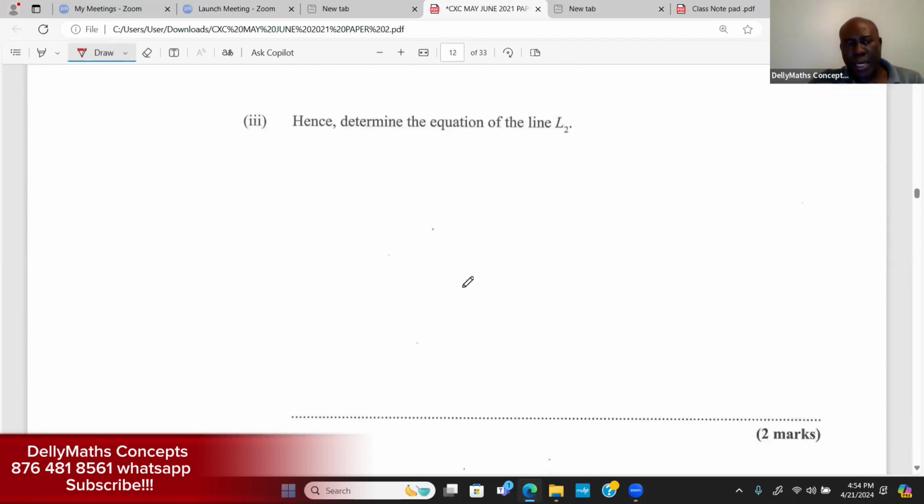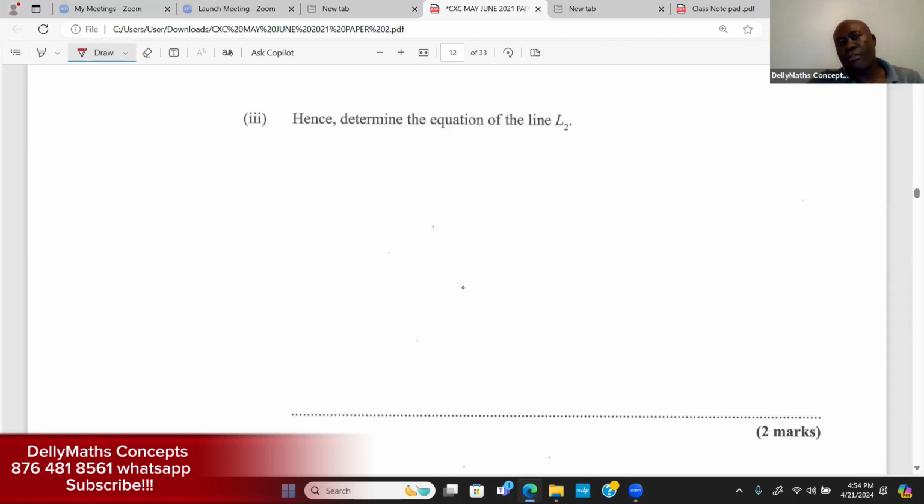Let's look at the third question. Hence, determine the equation of line 2. Hence means that we have to use the information we got. Whenever you're dealing with the equation of a line, there are a few things that you really need. One, we need the gradient of L2.